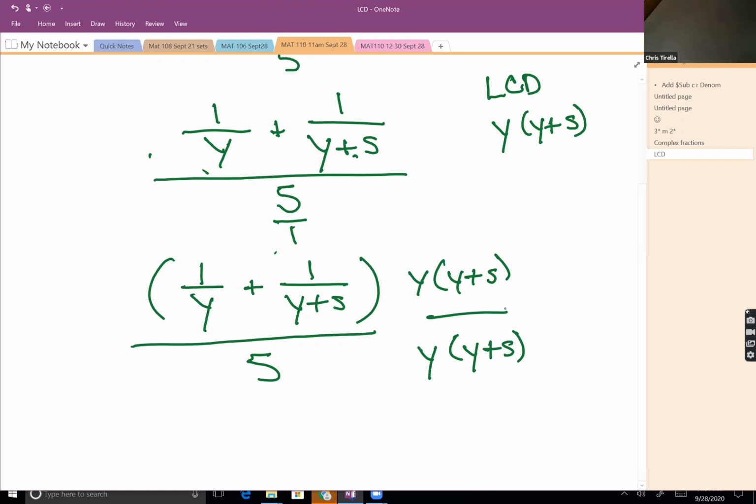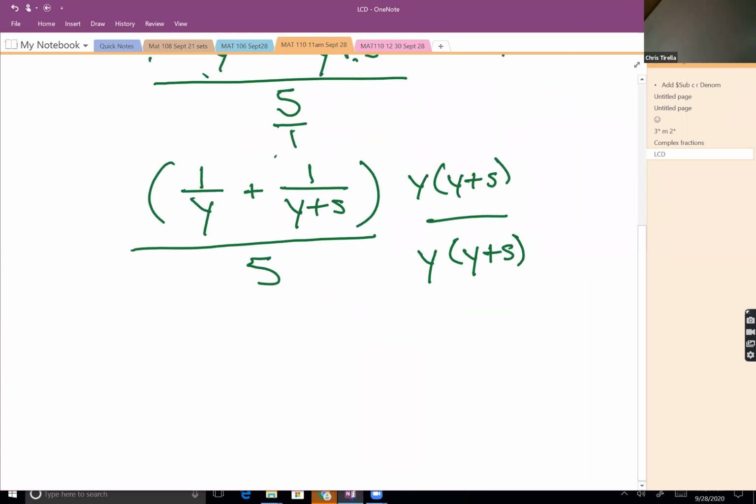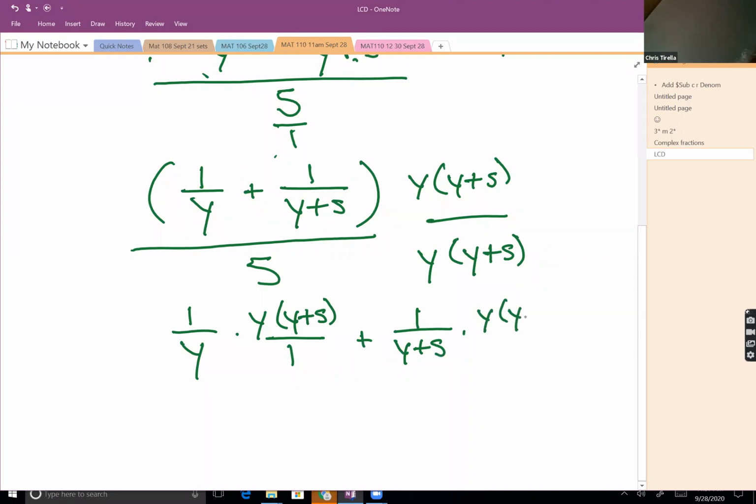In order to do this multiplication, we have to distribute. In the numerator, I'll have 1 over y times y plus 5, and I can put that over 1 and not change it. Then I'll have 1 over y plus 5, and I'll multiply that by my y times y plus 5, and I can put that over 1 and not change its value.